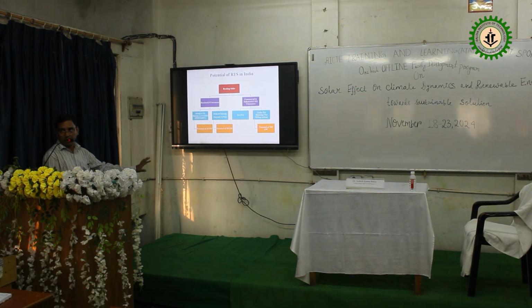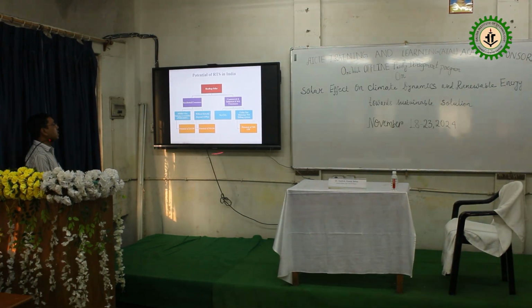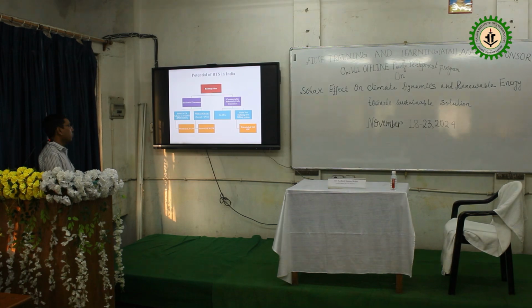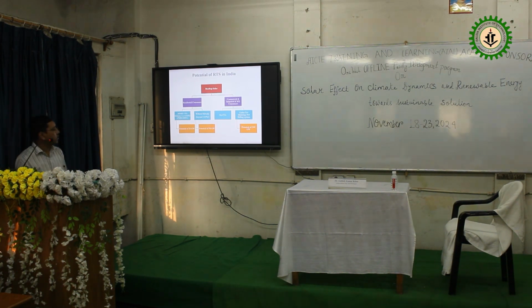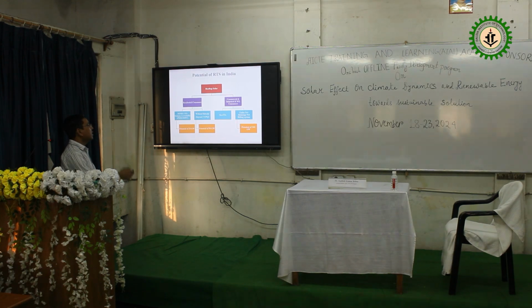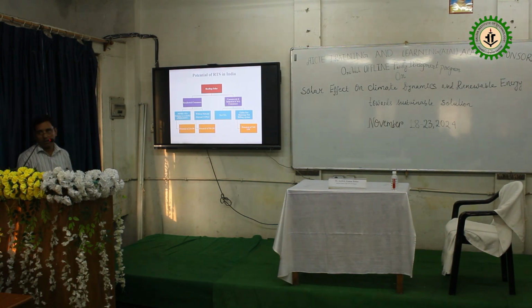This is the target, not existing. Under this, the central financial assistance is provided, as well as a second category under net metering, net billing or gross billing systems. Within this, they have targeted a potential of 560 gigawatt to install under these initiatives.